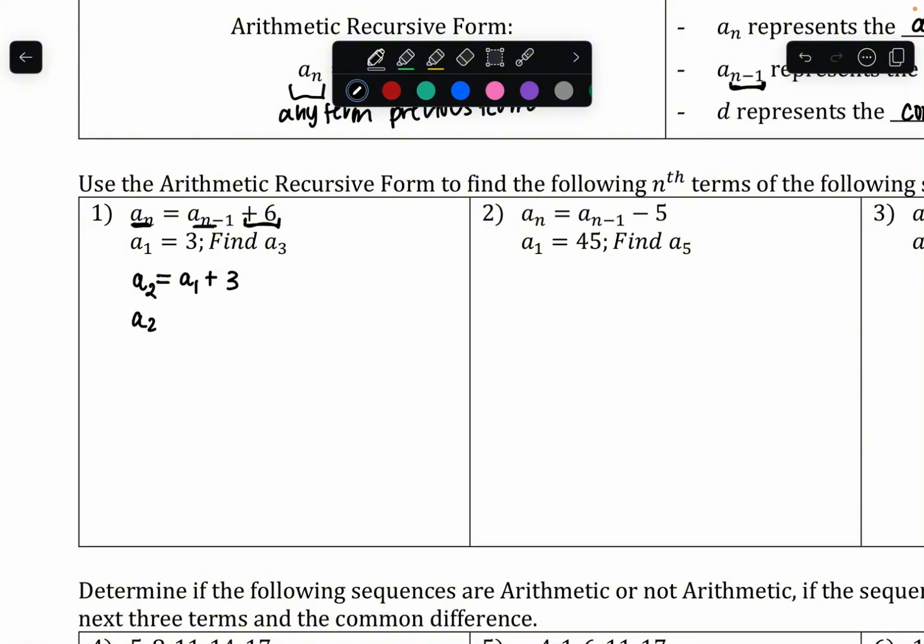Well, we know a sub 1 is 3, so if we add 3 to that, we get 6. Okay, so now if I want the third term, I have to take the second term and add 3. We just found out that the second term is 6, and so I would take 6 and add 3, and then I would get 9.